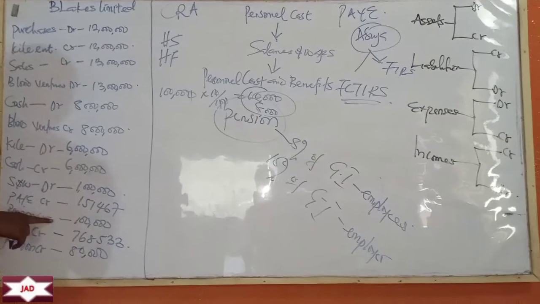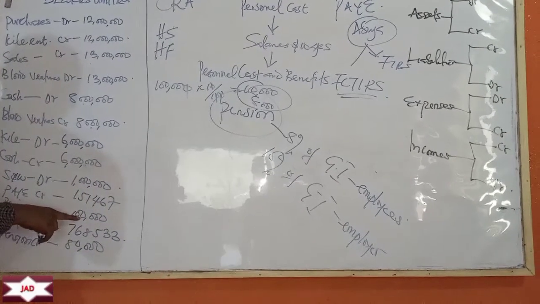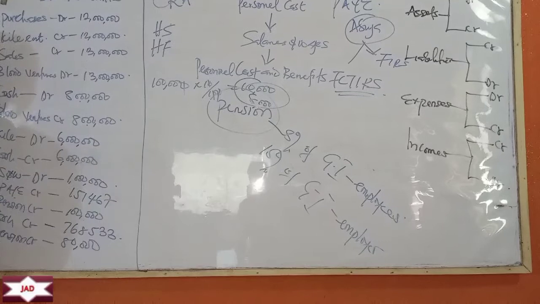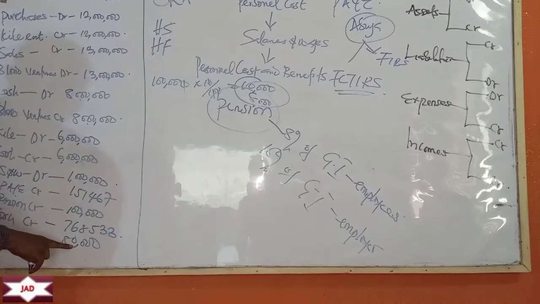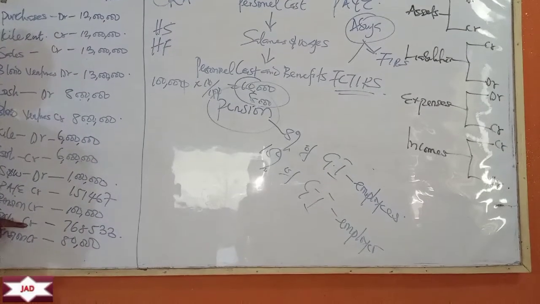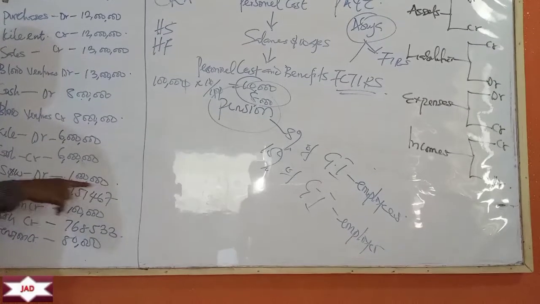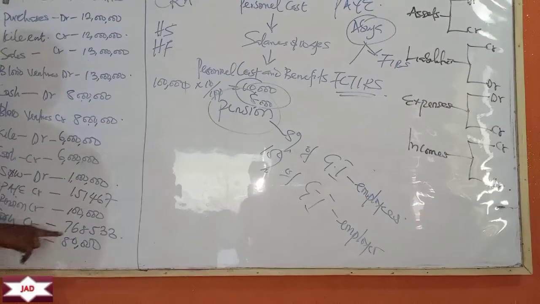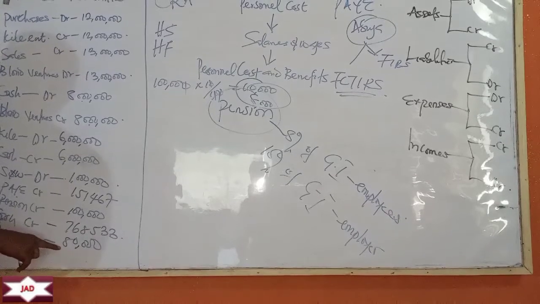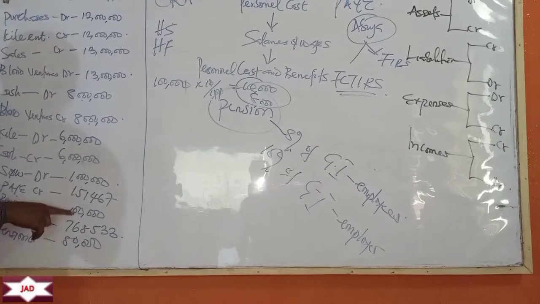So we have pension contributed by the employer 100,000, pension contributed by the employee 80,000. Then we have cash credited, which is the difference between the salary, the tax you're taking from him, and his pension. Okay, then this pension that you credited here will also increase your salary.